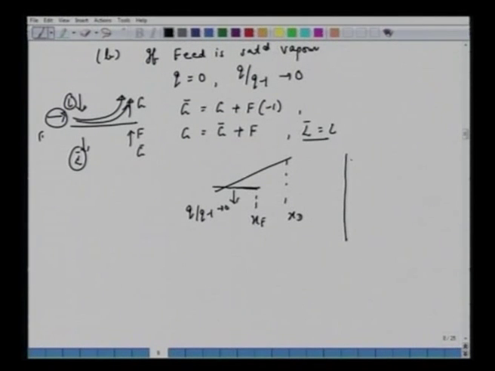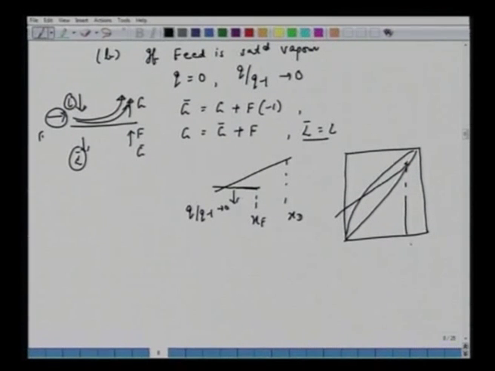Or on this y-x diagram, we can draw it like this. This is XD, and if we have this XF, then we have this horizontal line q over q minus 1, and the intersection, if you connect with XW, you will get this stripping line equation. So we have two situations here: feed is saturated vapor and feed is saturated liquid.